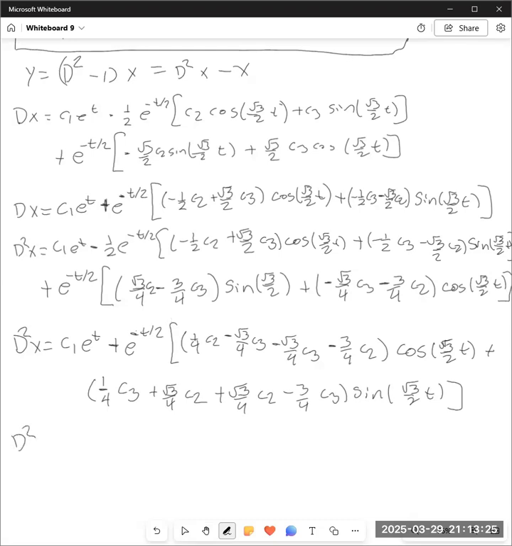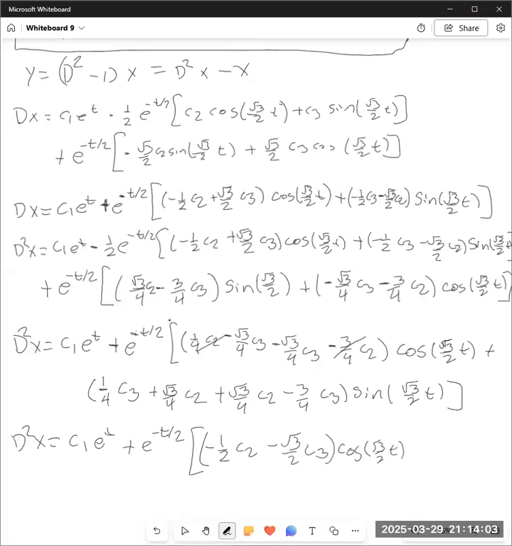So D2x is c1 e to the t plus e to the negative t over 2 times, all right, let's combine some like terms here. 1/4 minus 3/4 is negative 2/4, which is negative 1/2 c2, and then this is going to be negative root 3 over 2 c3 cosine root 3 over 2 t.